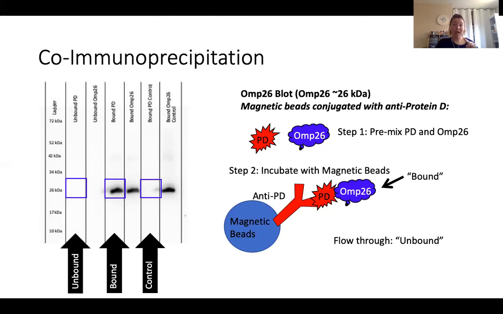So that means that it was binding to protein D, which bound to anti-protein D. So AMP26 is present, meaning that it's binding to protein D somehow.